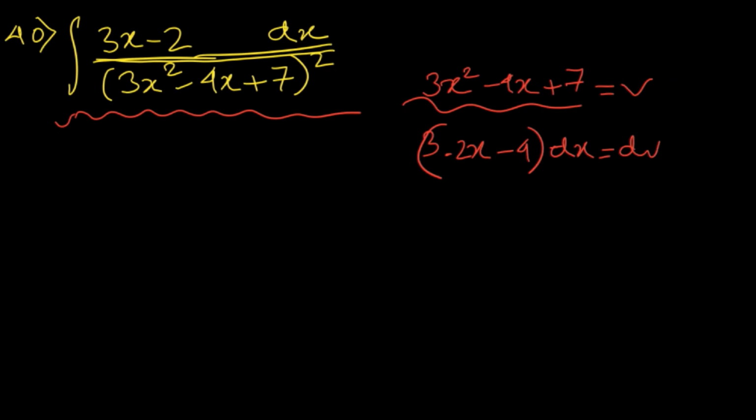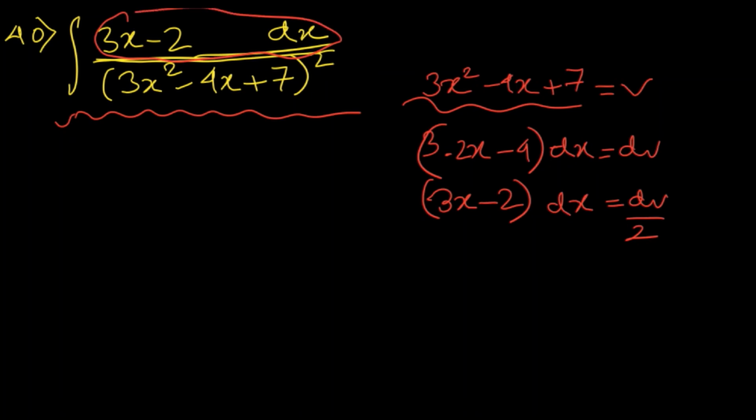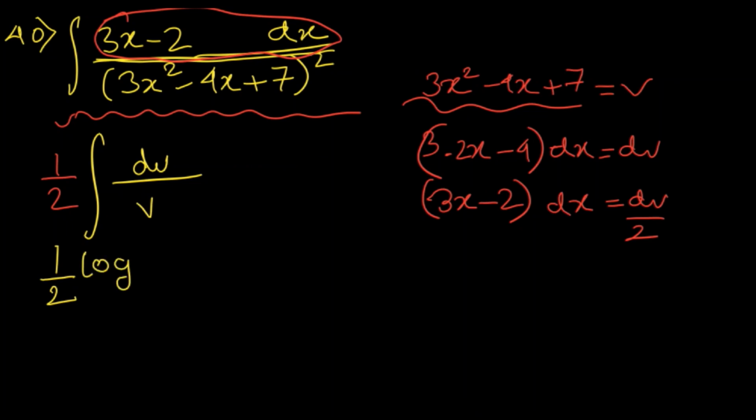If we take 2 common, we are left with 3x minus 2 dx is equal to dv by 2. So half comes out, and we are left with dv by v. So half, and obviously v is there, so log v. So this is the answer.